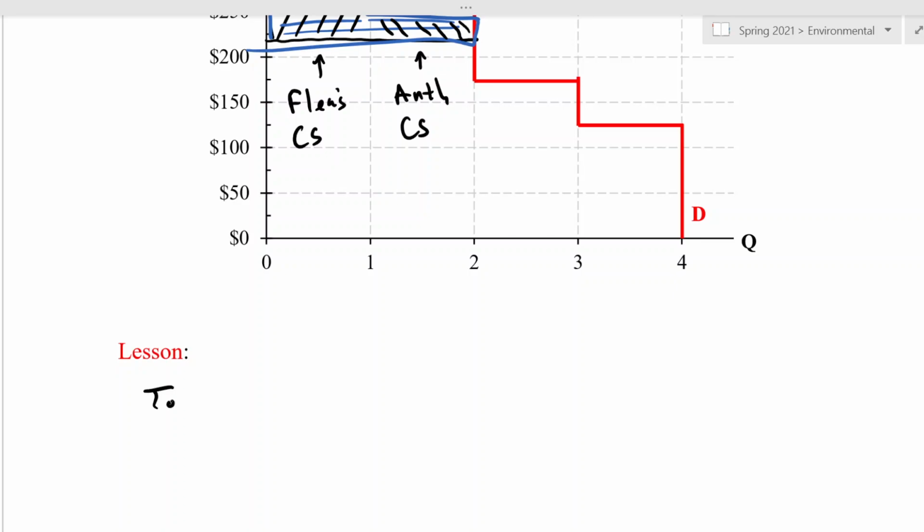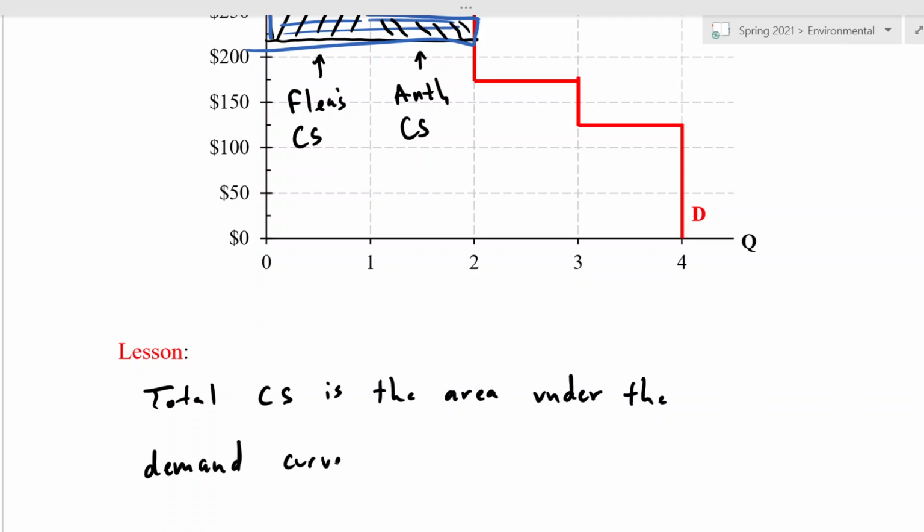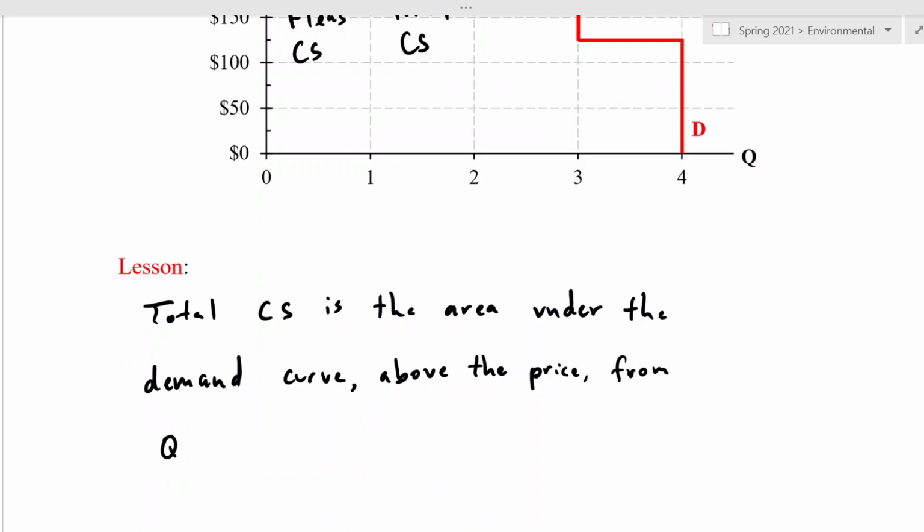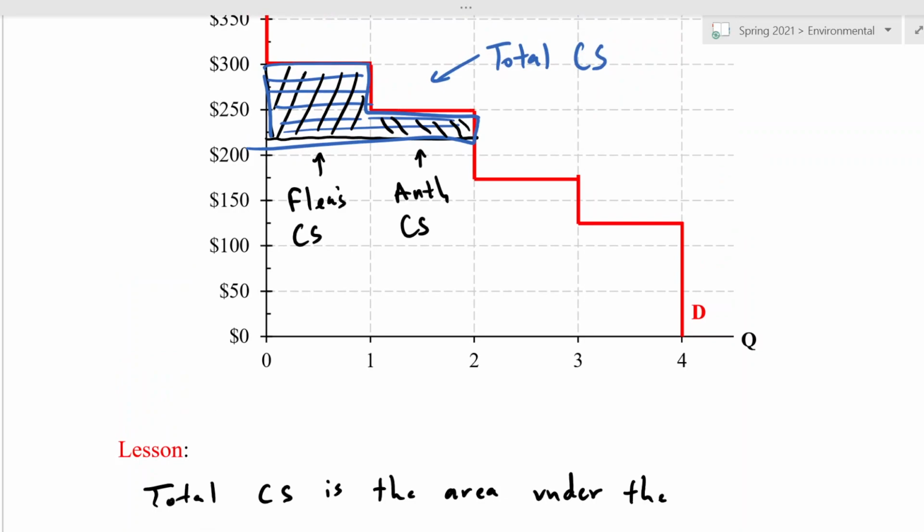Total consumer surplus is the area under the demand curve, above the price, from 0 to the quantity demanded.